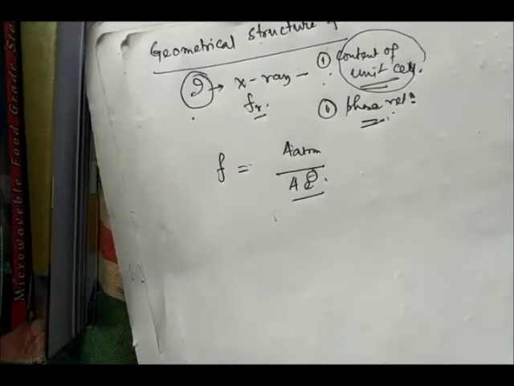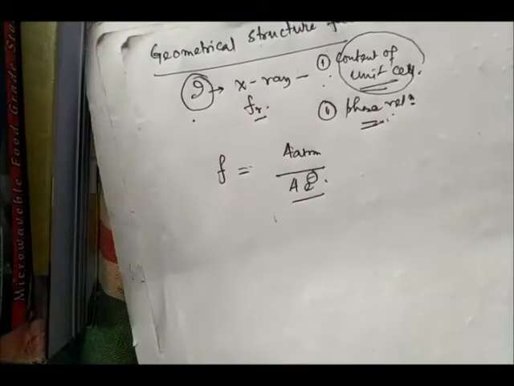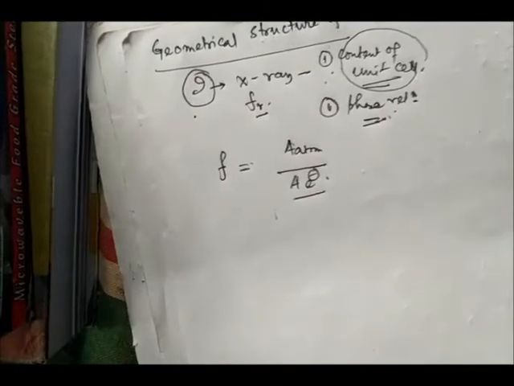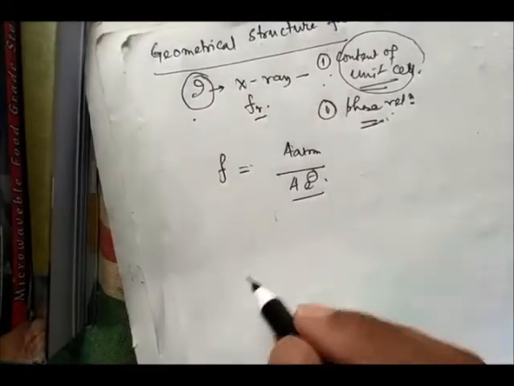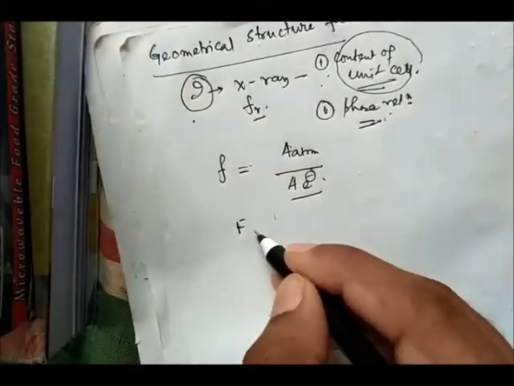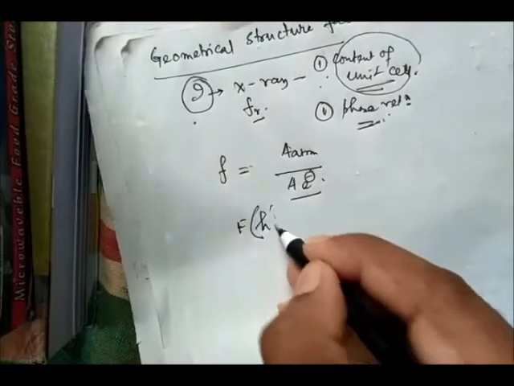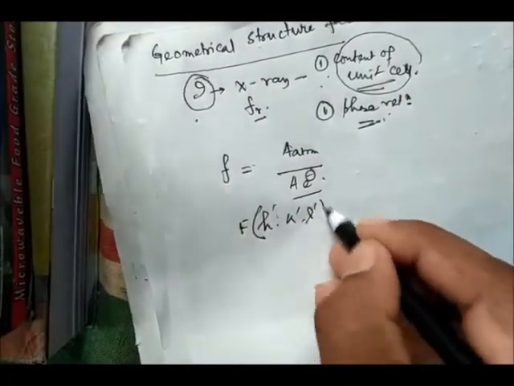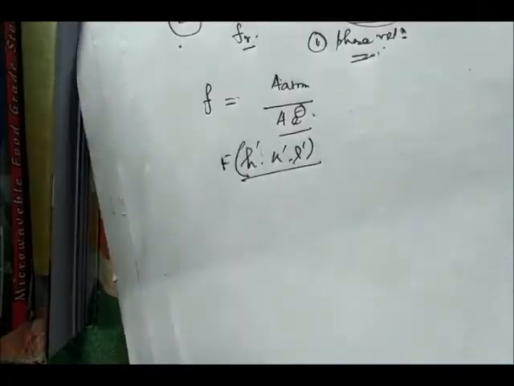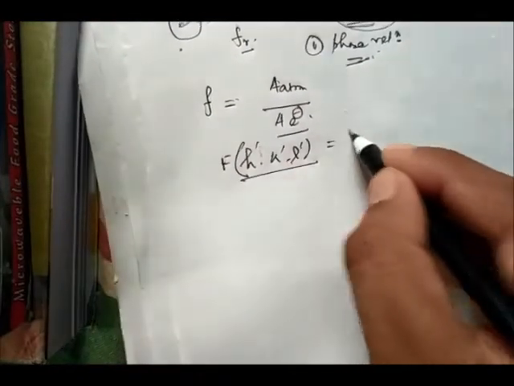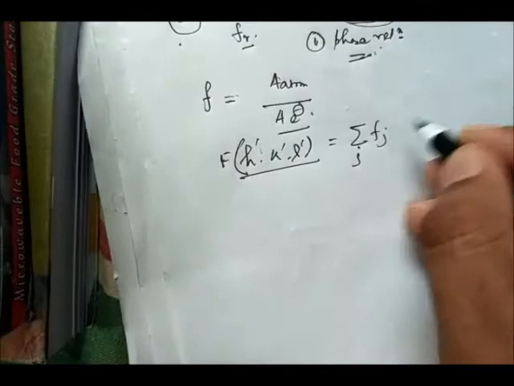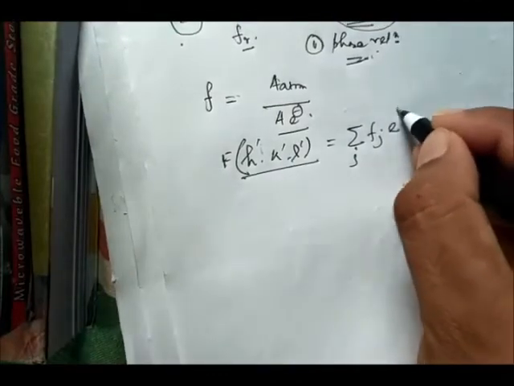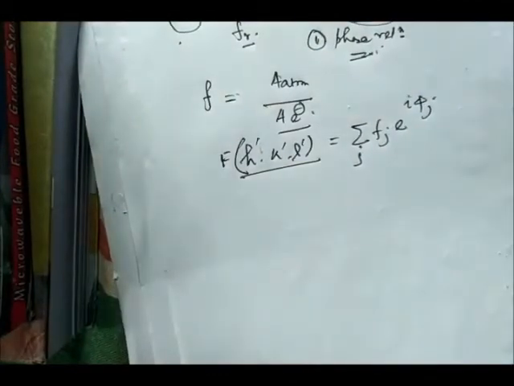So the total scattering factor, I want to write this as F(h',k',l'), and this should obviously be the sum over the jth atom of fj e to the power i phi j.